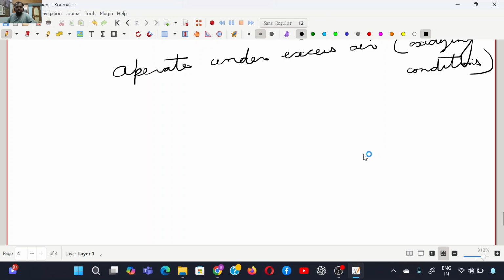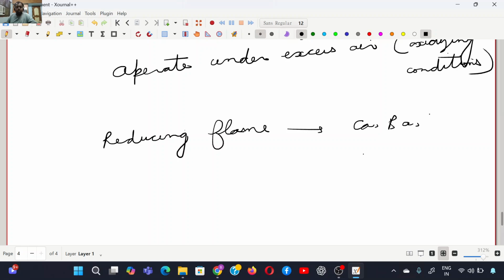On the other hand, if you take excess fuel gas, you'll get a reducing flame, and that is more useful for alkaline earth metals like calcium, barium, magnesium, strontium. For them, you use a reducing flame, and even noble metals can also be analyzed using air acetylene flame.